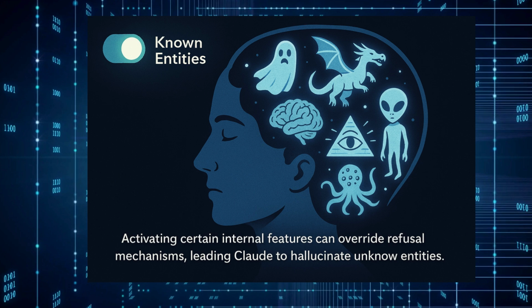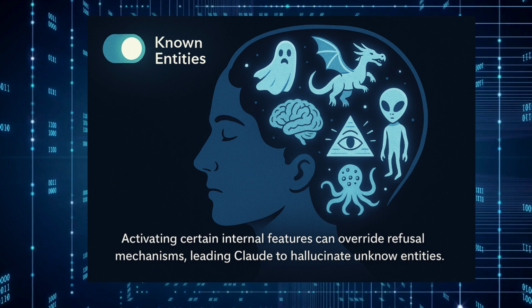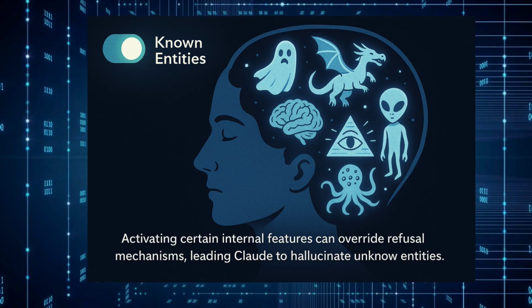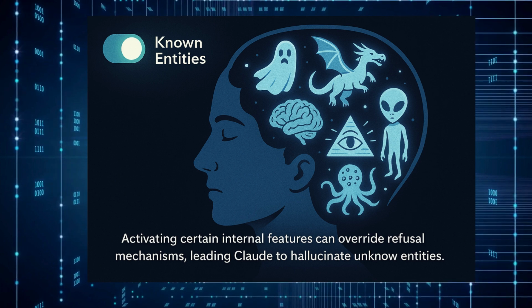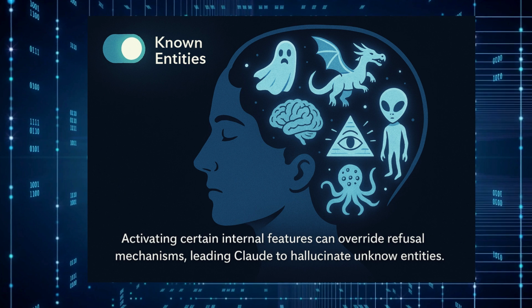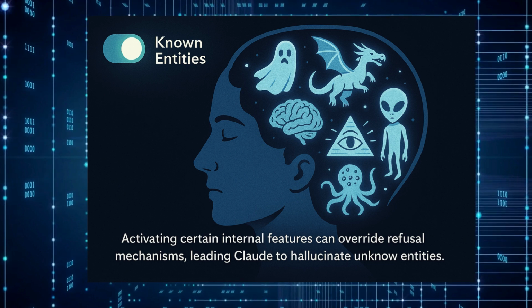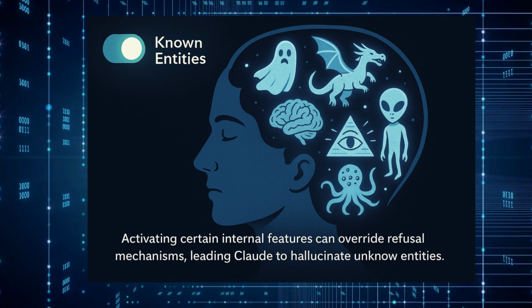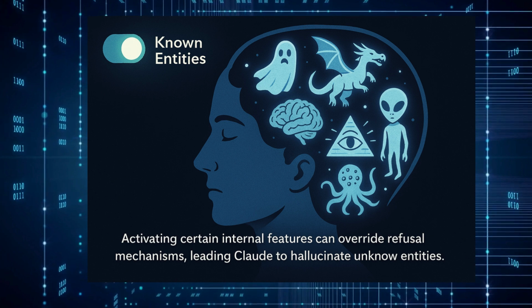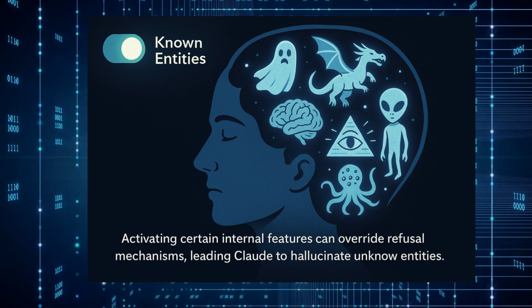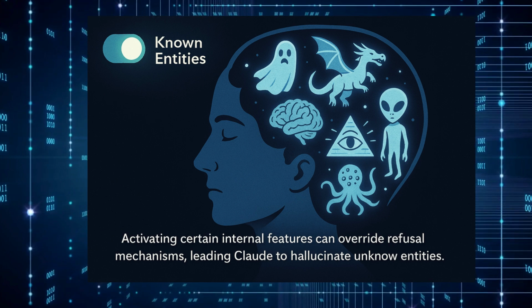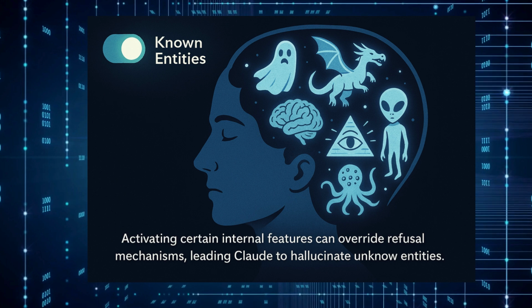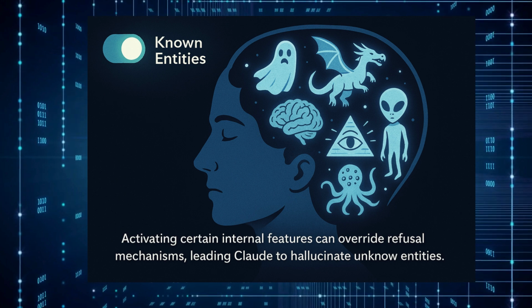And then they also found this feature that they call known entities. And this basically overrides the refusal mechanism for things that Claude is familiar with. So it knows about famous people, places, concepts, books. Exactly. And what's really interesting is that they were actually able to induce hallucinations by activating this known answer feature for things that Claude didn't actually know about.